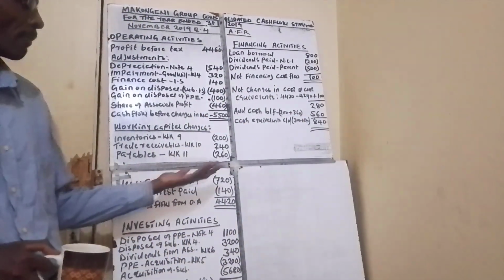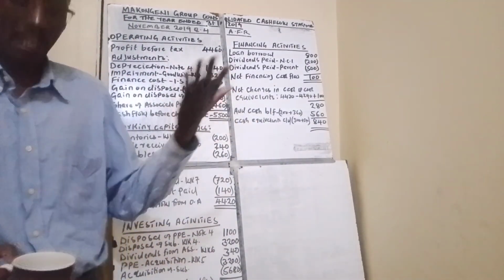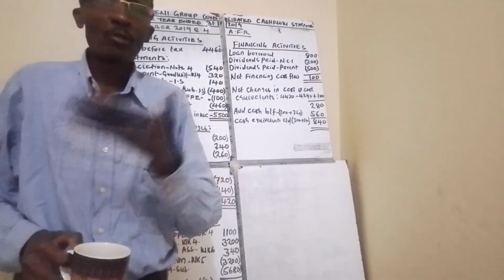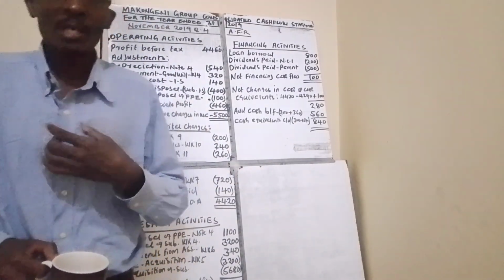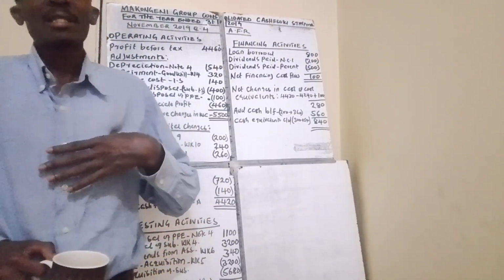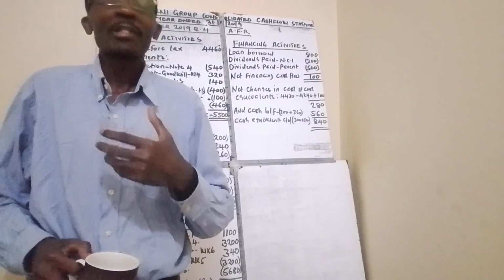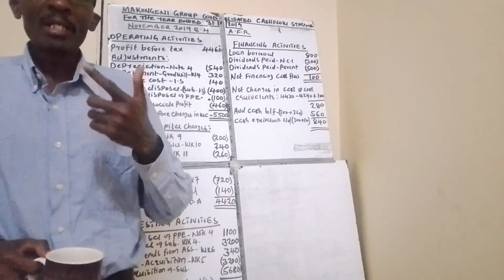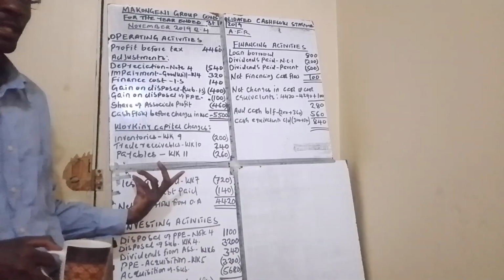So that will be a plus. If it is the other way around, if you prepare your T account for the inventory or for the assets, specifically here for the stock, and you find that the balancing figure is on the debit side, it means that we purchased more stock. And if you are purchasing more stock, what does it mean? It means that money is moving out. So that figure will be a minus in our case here.